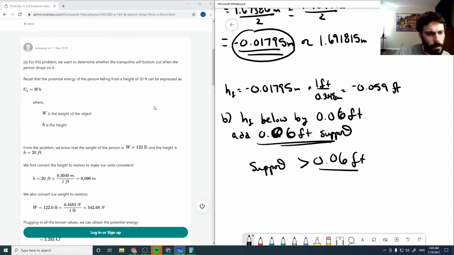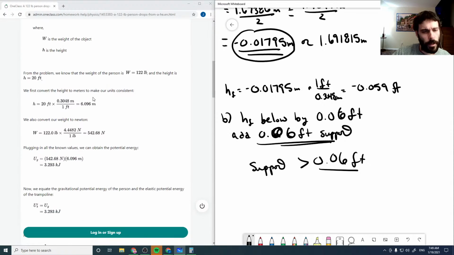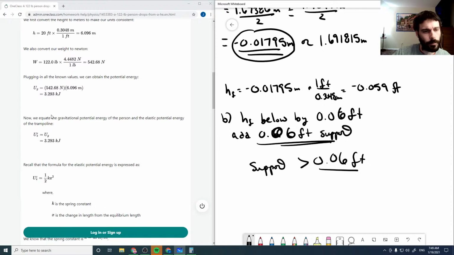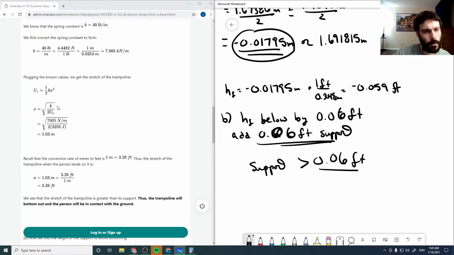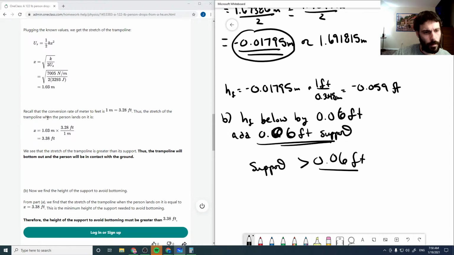Okay, so get our initial potential energy, set it equal to our final potential energy.